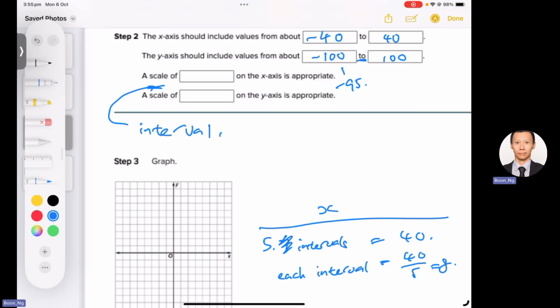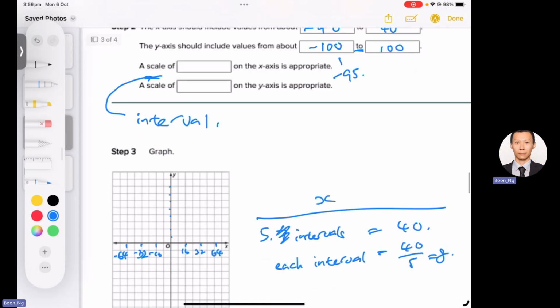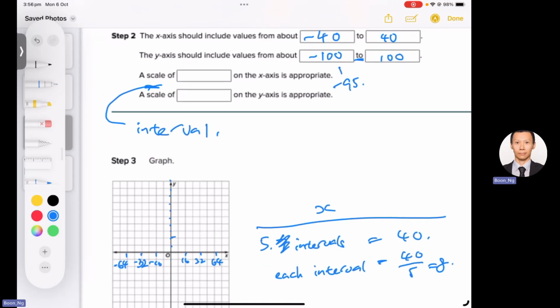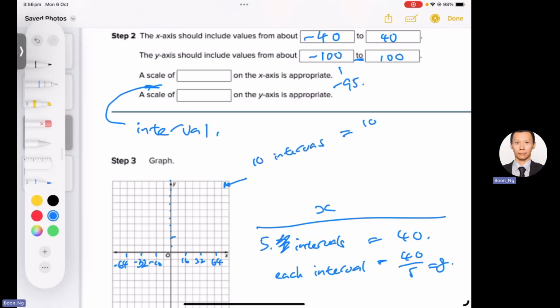Okay, so let's get started. For y, the total is 100, so each interval is 100 divided by 10.